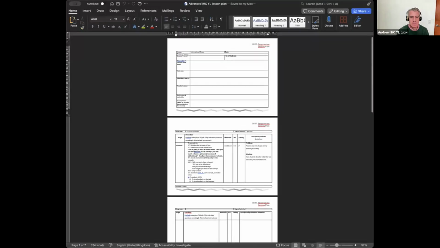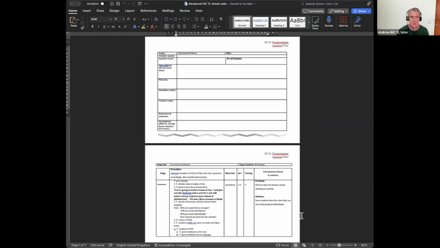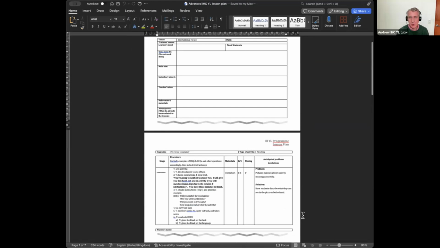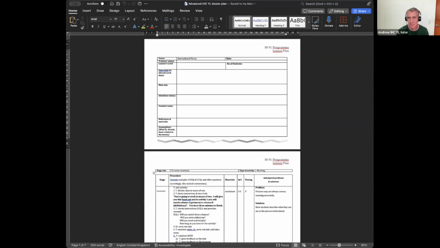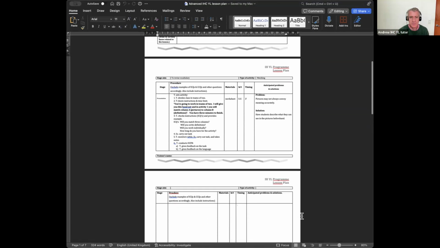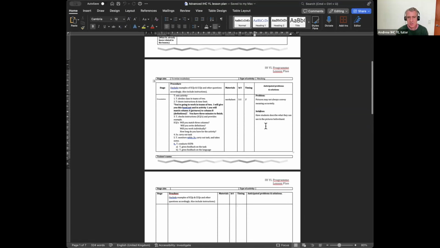Here is the advanced version if you want to go for it. It's up to you. I prefer a more detailed lesson plan at this stage, especially with younger learners, because you've got to think about more problems and solutions. And there's a nice section for problems and solutions here.